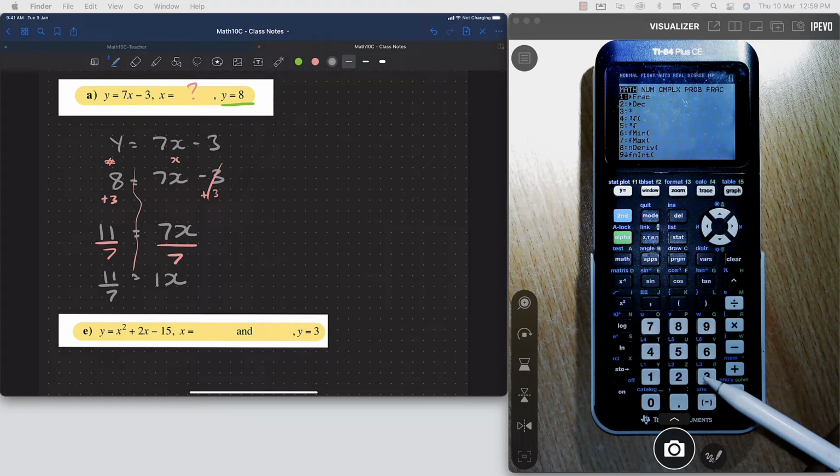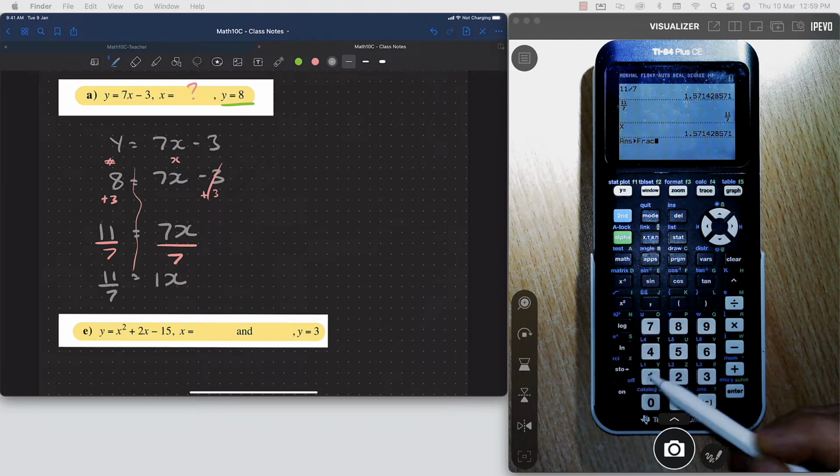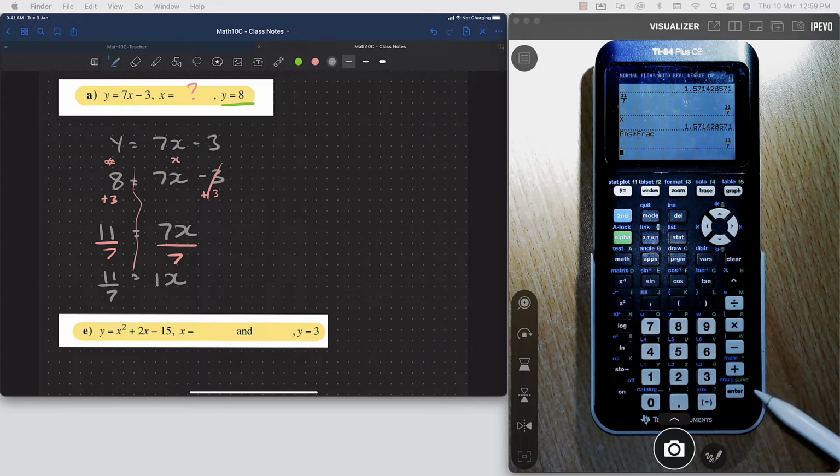So I'm already in decimal form, change it into a fraction. So if I hit 1 and hit enter, it takes my value that I extracted from the intersection on the graph as a decimal, and I can now convert it to an exact value in fractional form.